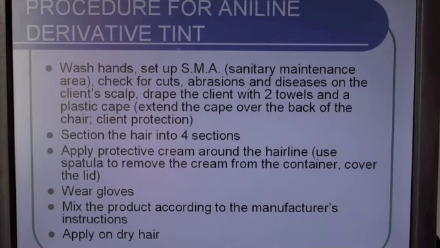Now this is a procedure for aniline derivative tint. I have to let you know that this procedure is a general procedure. Later on, I will demonstrate all the aniline derivative tint procedures for state board, and each one has a different application. There's a tint going darker, virgin tint going darker, virgin tint going lighter, tint back to natural, and so on.